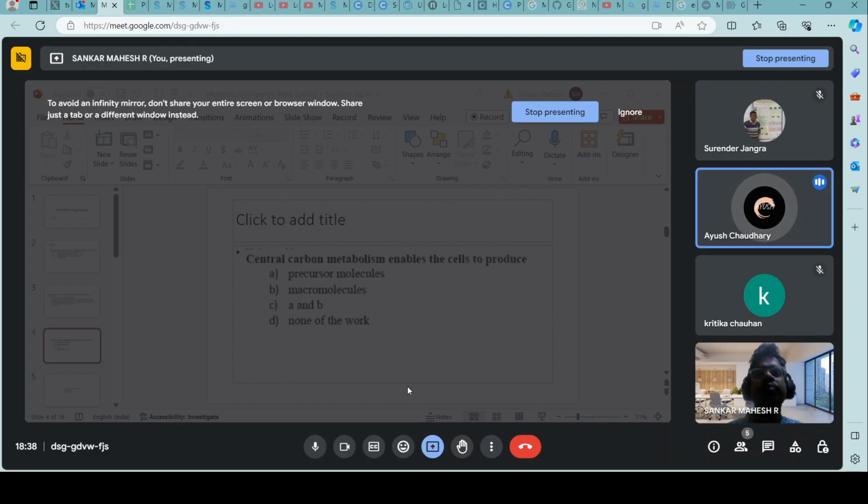Sir, generally central carbon metabolism provides the cell with essential precursor molecules, for example acetyl CoA, the central intermediate that feeds the pathways leading to the synthesis of fatty acids and amino acids.